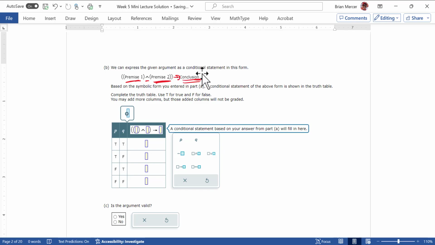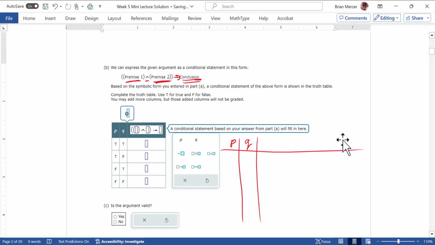So to build that as a truth table, we'd have to do some rewriting here, and I'll squeeze this in this way. We've got P, we've got Q, and we're going to have to add some columns here.